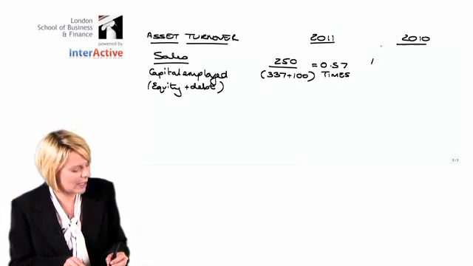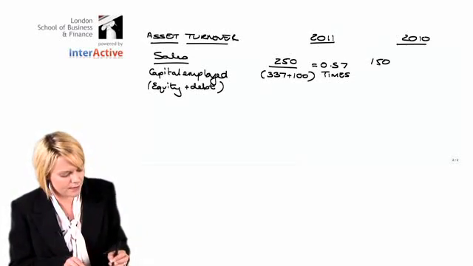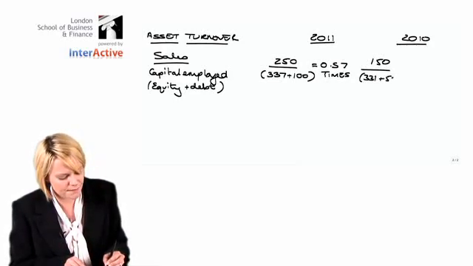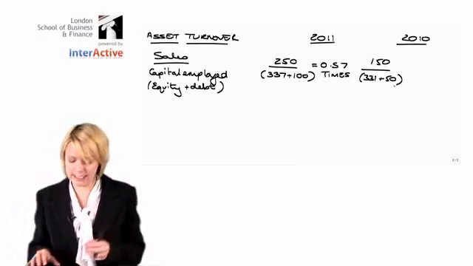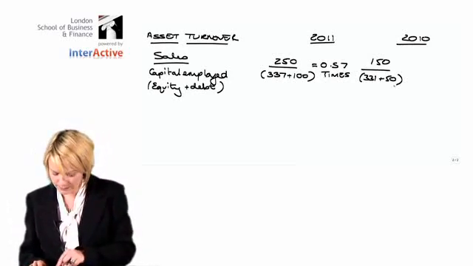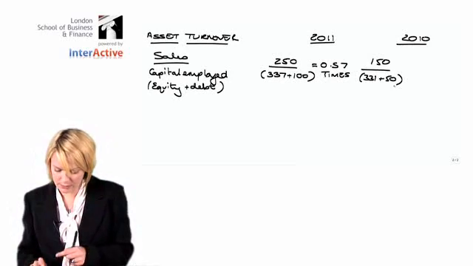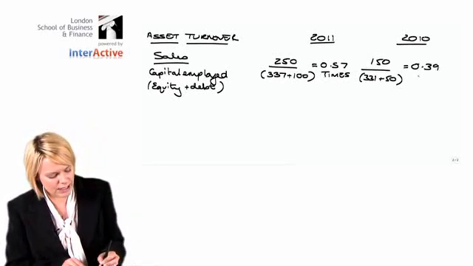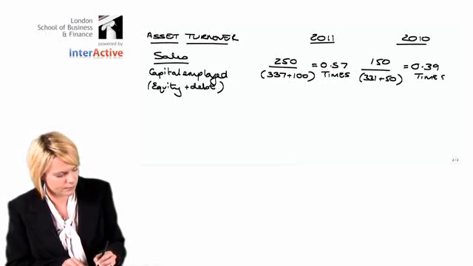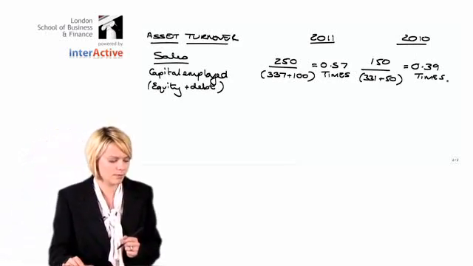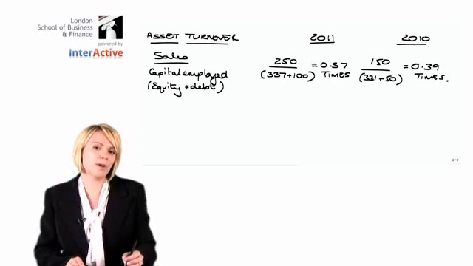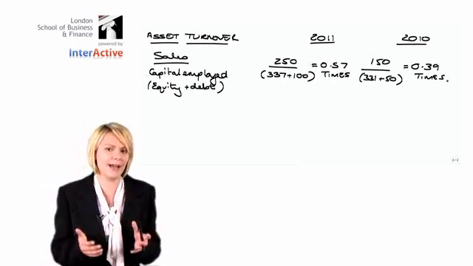If we do it for 2010, 150 over 331 plus 50, which should give us 381. That's going to give us 0.39 times. Now, if you looked at that ratio for 2011 by itself, it looks pretty bad.